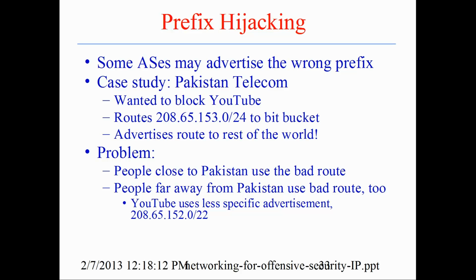And this advertisement was broadcast to those autonomous systems' neighbors, and so on and so on. It spread and spread and spread. And basically, people close to Pakistan ended up, even if they're not in Pakistan, using the bad route. And some people, even as far away as the United States, China, Russia, etc., ended up using the bad route too.